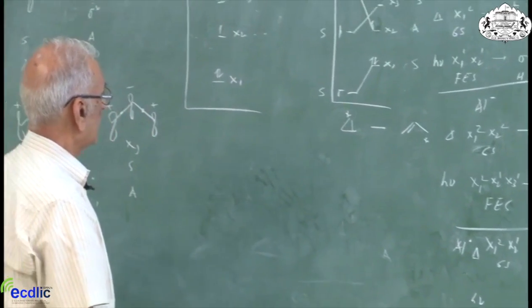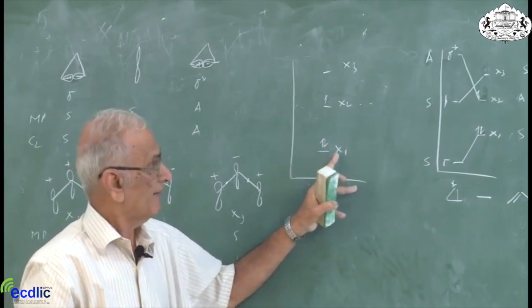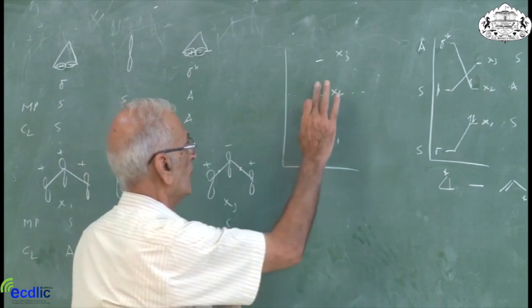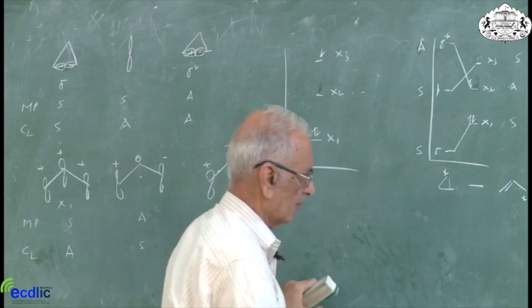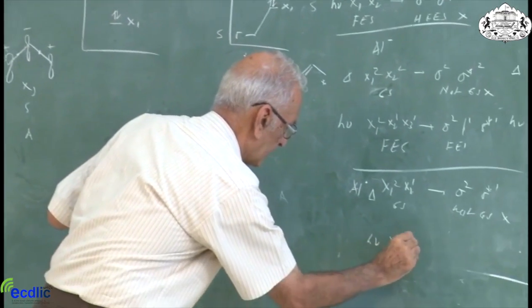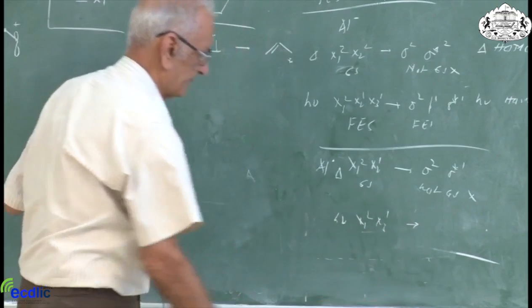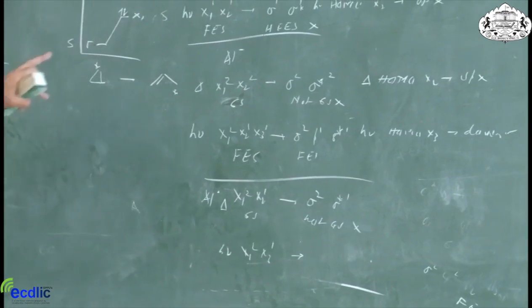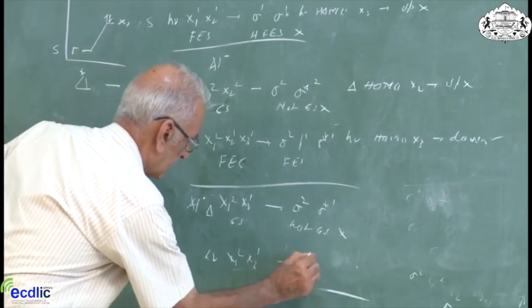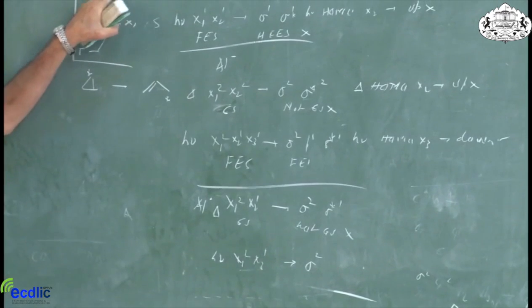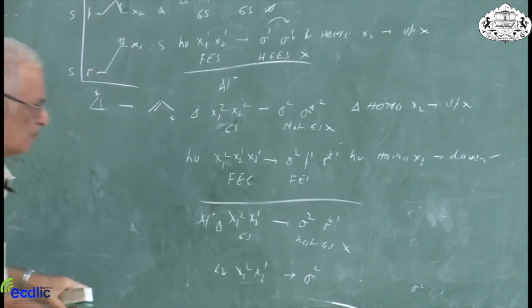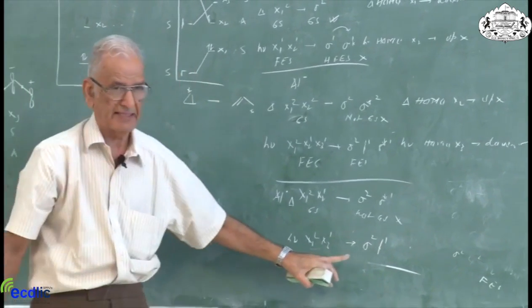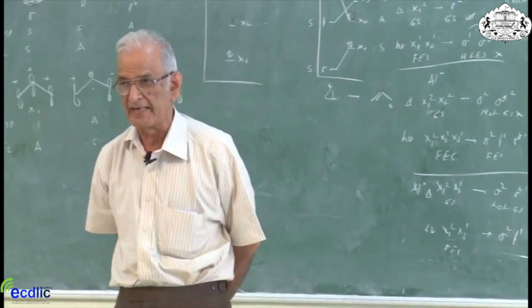When I do photochemical, what will happen? Electron from highest occupied molecular orbital will go to lowest unoccupied molecular orbital. So, x1 2, x3 1. Where do these electrons go? x1 2 electrons come into sigma, x3 1 electron will go into P. This is first excited state, this is not first excited state, this is the ground state.